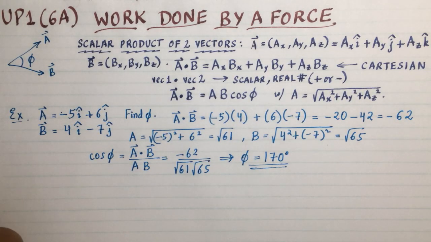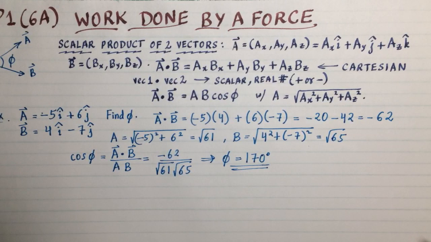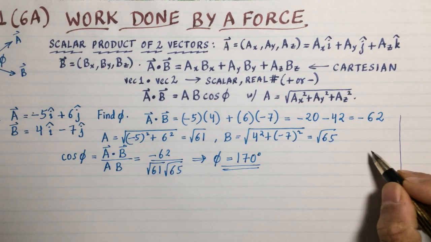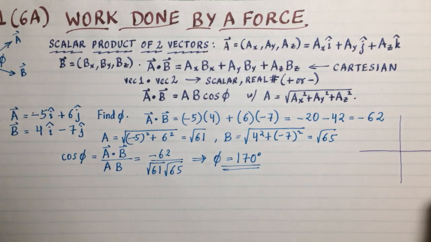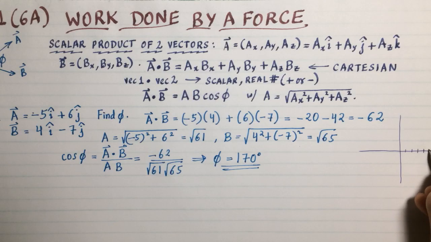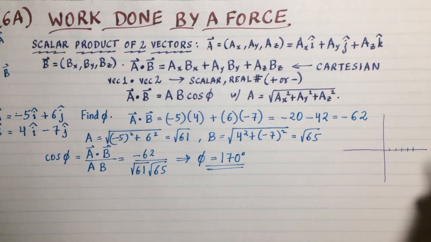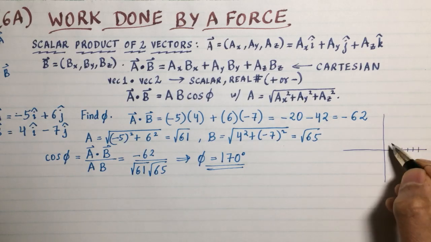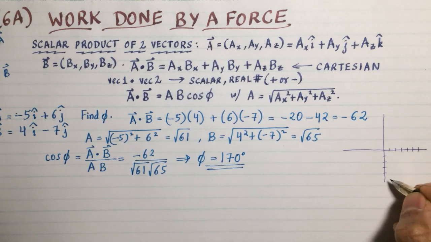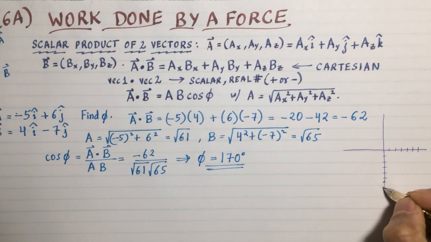It might not be a bad idea to verify that this is approximately true by actually plotting A and B in a little diagram. So I'll do this quick and dirty plot here. I goes up to 5 and J goes up to 7, like that.